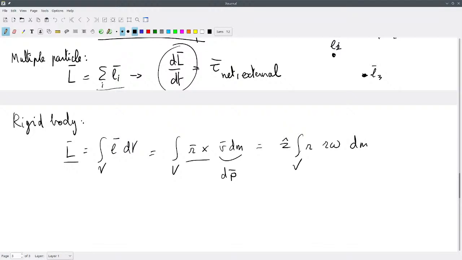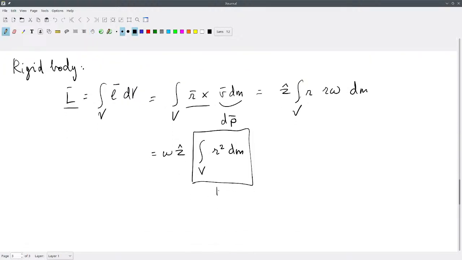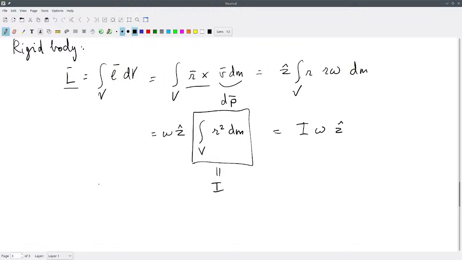Because omega is constant, we can bring that out front, so we get z times omega, and then we get the integral of r squared dm. And now you might remember that this is exactly the expression for the moment of inertia. So this becomes I times omega in the z direction, or if we summarize this, L is going to be I times omega for rigid bodies.